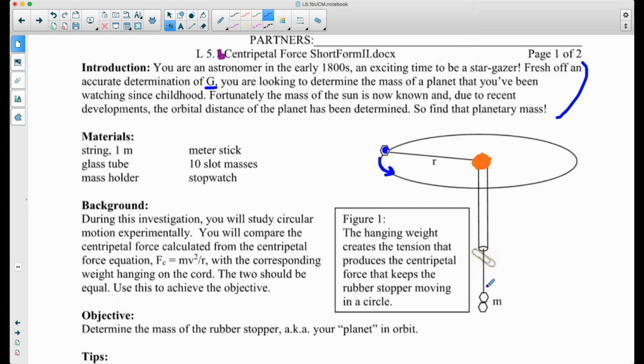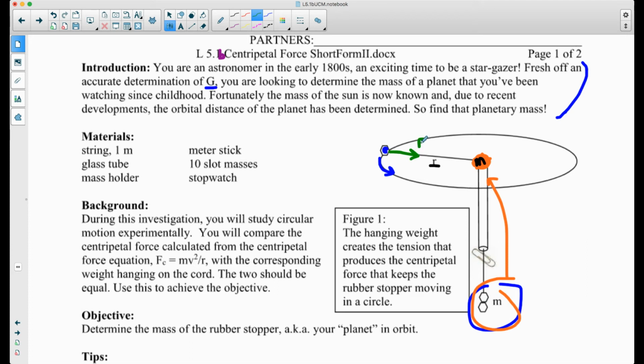Now, we have our mass drawn down here, but in fact, the mass of that star would be in the star. Just because of the constraints of the strength of gravity and how we could possibly simulate this, we had to have our mass hanging down here. But really, this is just like having the mass in the star, the planet orbiting. Here is the orbital distance, and there is a force, a centripetal force.